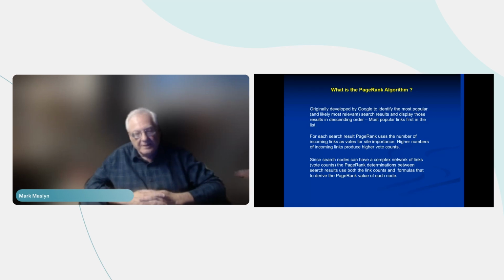And the idea being that they would take the most popular and likely most relevant search results and display these results in descending order. The most popular links appeared first, at the top of the list.